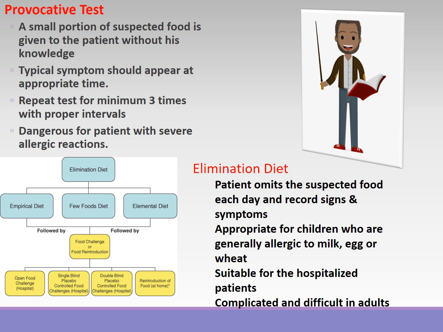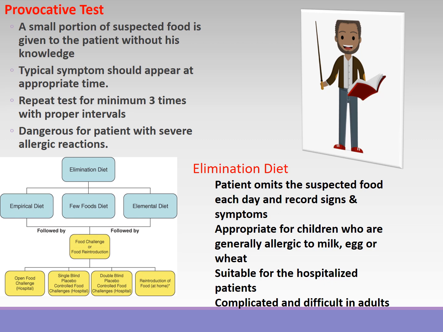So, if in all 3 times the patient shows characteristic symptoms to the particular food which is suspected to create allergy, then we can confirm that the particular food is allergic to the patient. The disadvantage of this provocative test is it may end up being dangerous for patients who have severe allergic reactions.